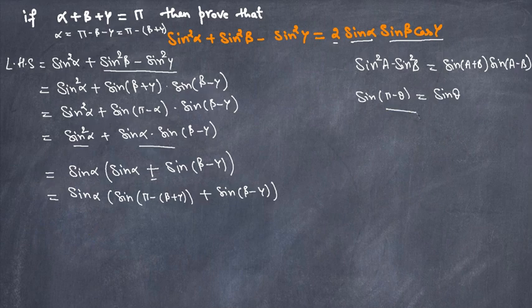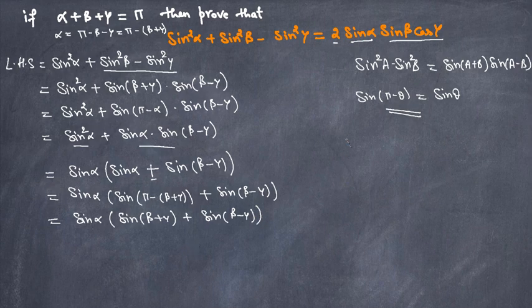Now I'm going to use this formula again: sin(π minus θ) is basically sin θ. So sin(π minus (β plus γ)) is just sin(β plus γ). So my equation keeps becoming simpler. I did this trick because I want to change this α into β and γ, and then I can use some t ratio to work on it. So sin(β plus γ) plus sin(β minus γ).